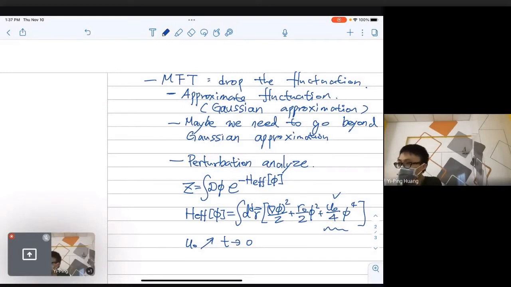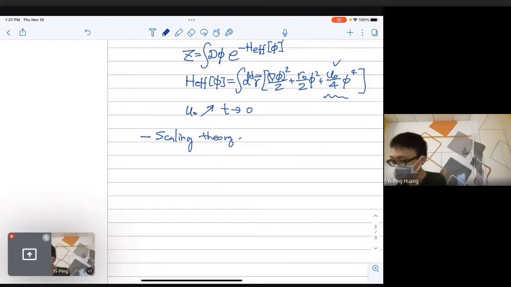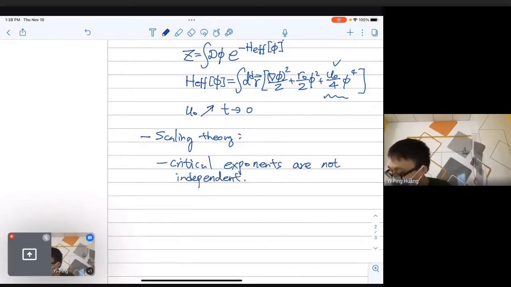Before we go to the renormalization group theory, we introduce the idea of scaling theories. What scaling theory tells us is that you might have a bunch of critical exponents, but they are not independent, and they need to satisfy several relations.